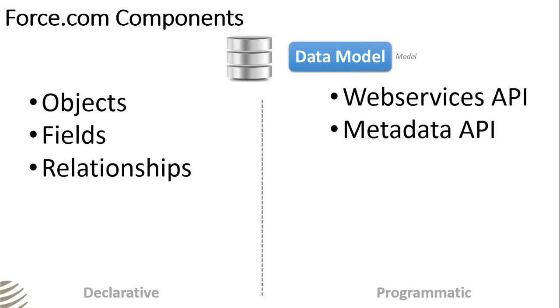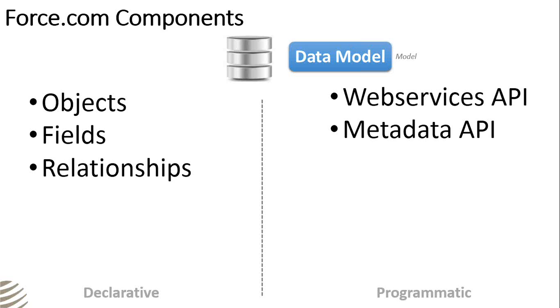And at the last, data model, which has the declarative ones as the objects, fields, and relationships, where you can relate objects to your tables from relational databases and fields to your columns. And if you want more control over your data model, you can anytime use the web services API, or they have one more API called metadata API.